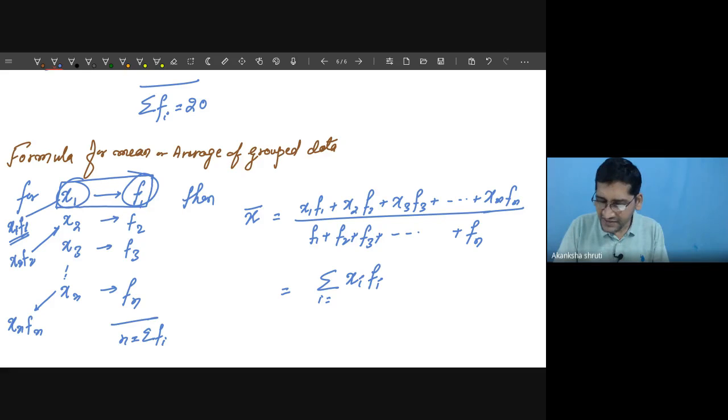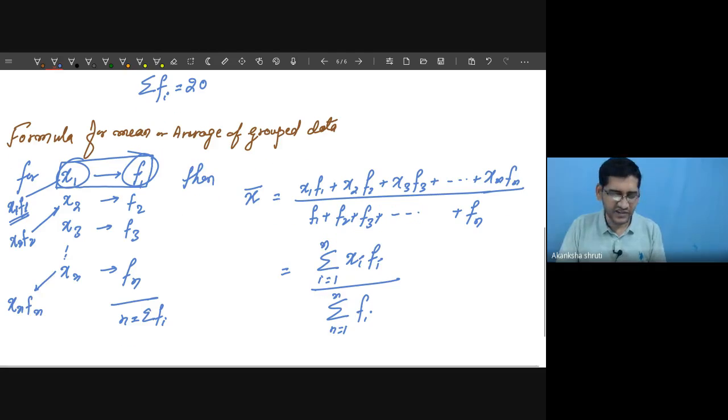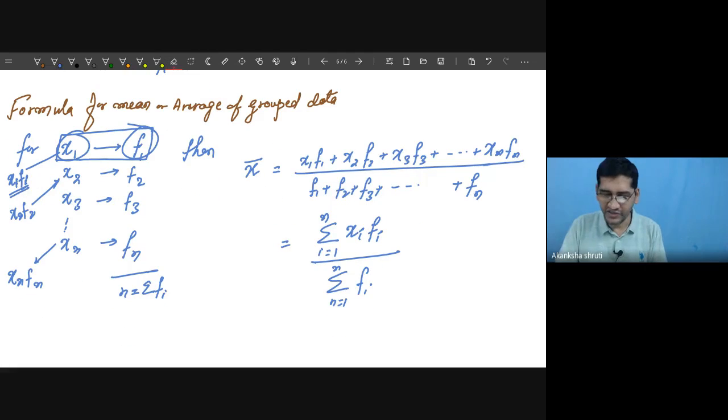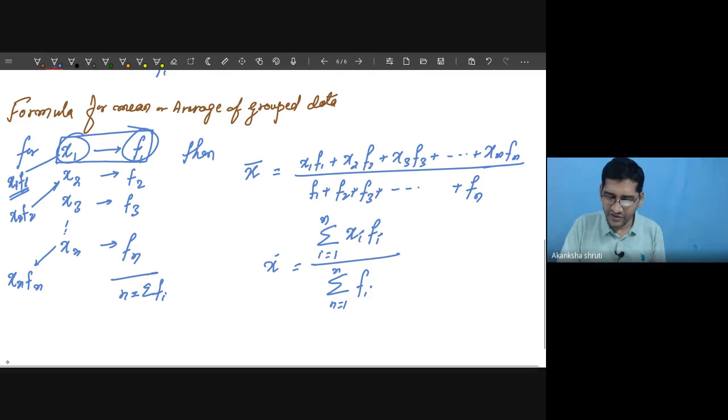Then for the next, x2 f2. This way you continue up to n times. By the summation, it can be represented as i varying from 1 to n. This is the other way of writing it. So x bar can also be represented this way.